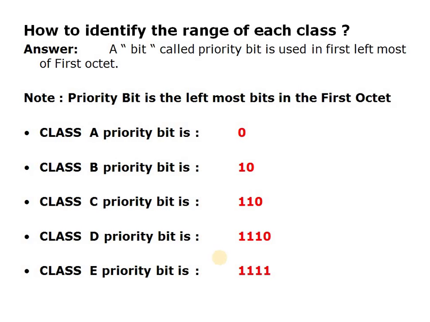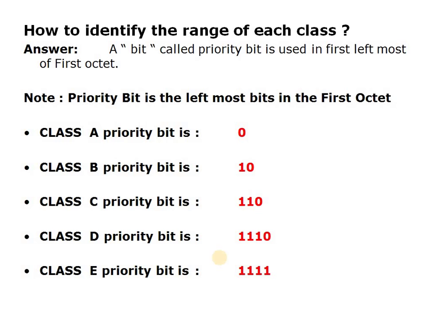Now, how do we identify the range of each class? The answer is a bit called the priority bit, used in the leftmost bits of the first octet, as we have already seen in IP version 4, where the 32-bit address is divided into 4 octets.